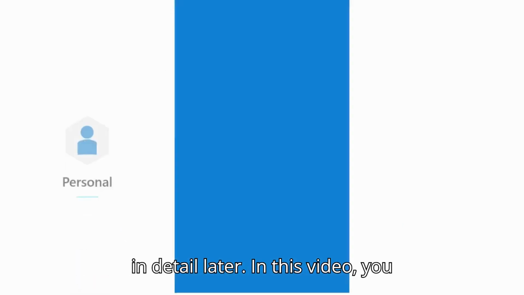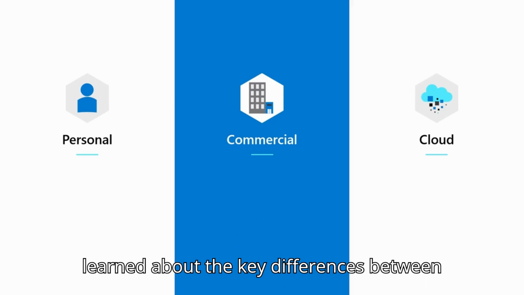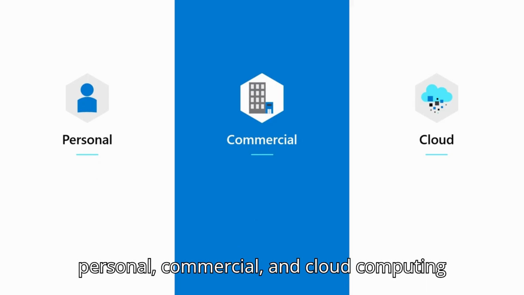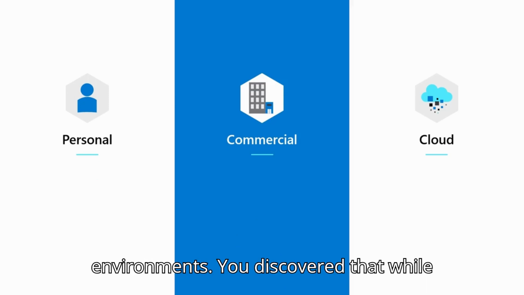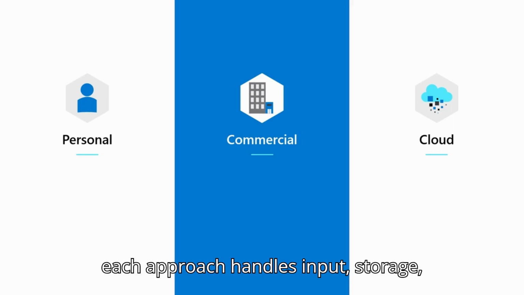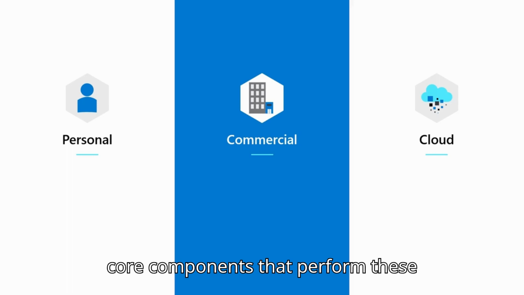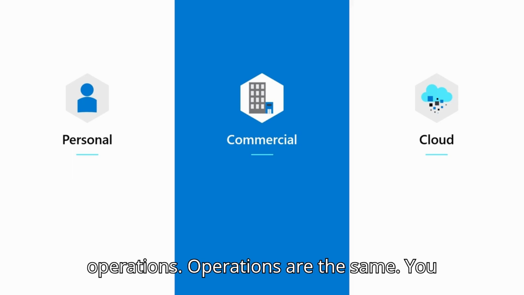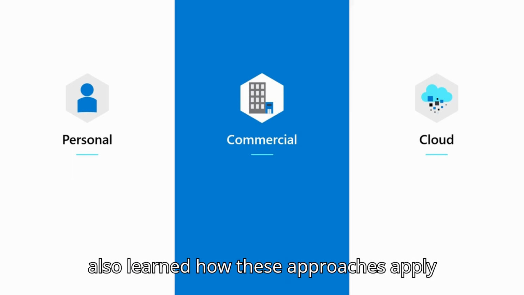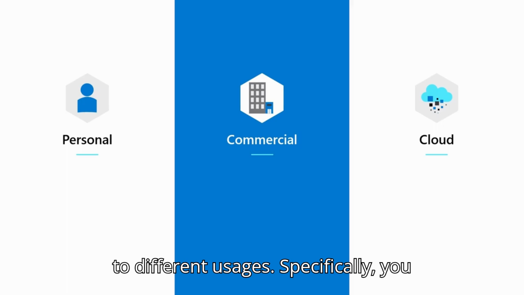In this video, you learned about the key differences between personal, commercial, and cloud computing environments. You discovered that while each approach handles input, storage, processing, and output differently, the core components that perform these operations are the same. You also learned how these approaches apply to different usages.